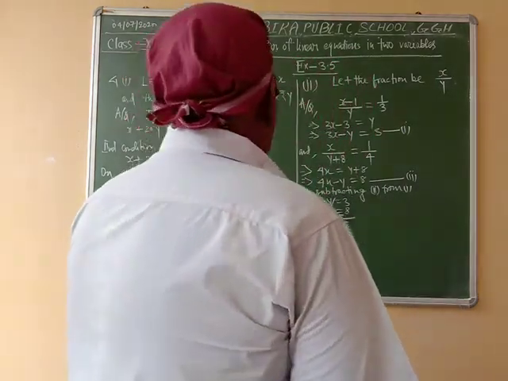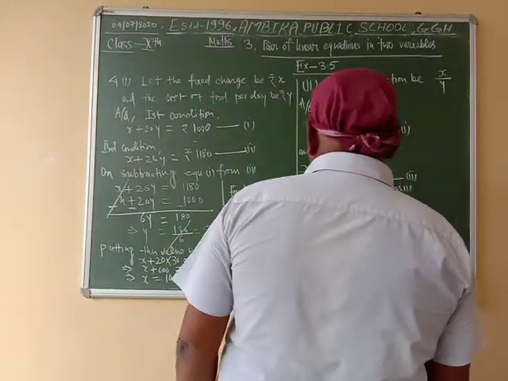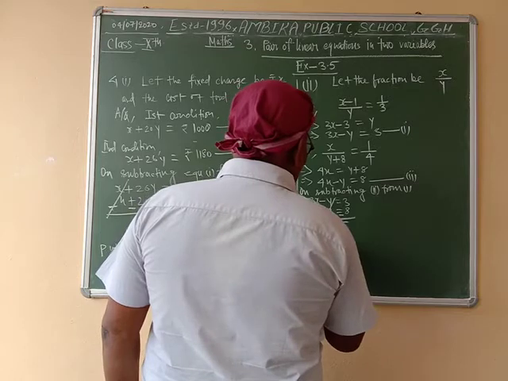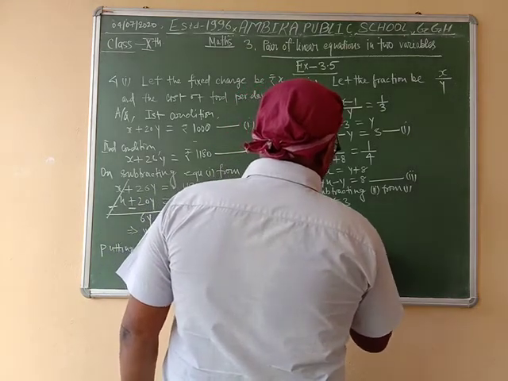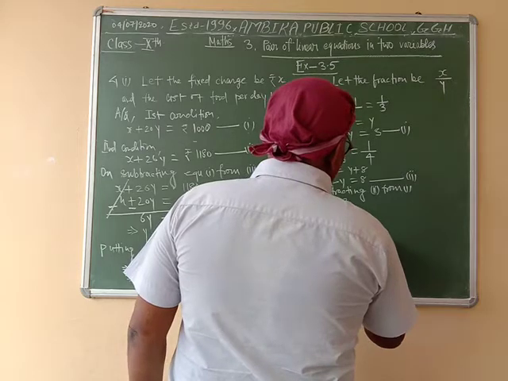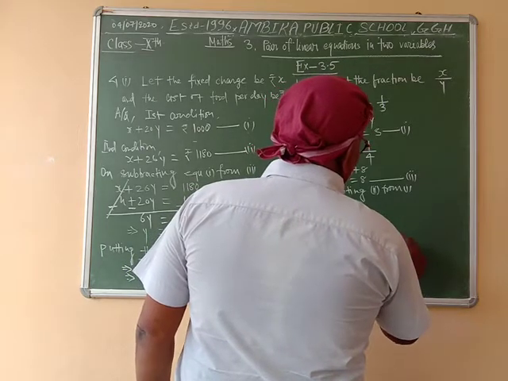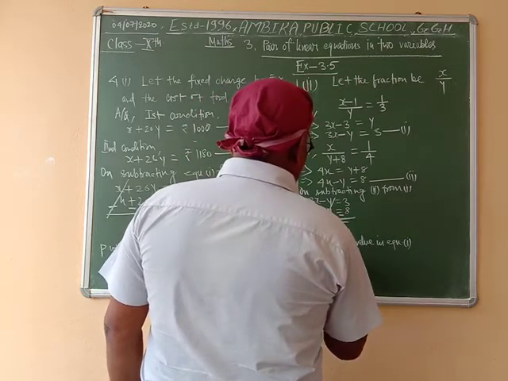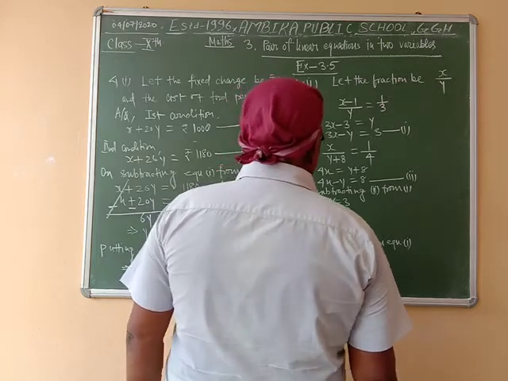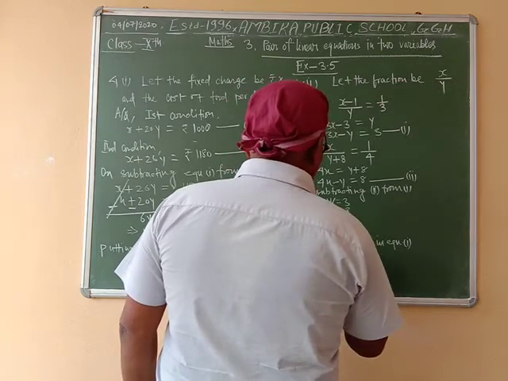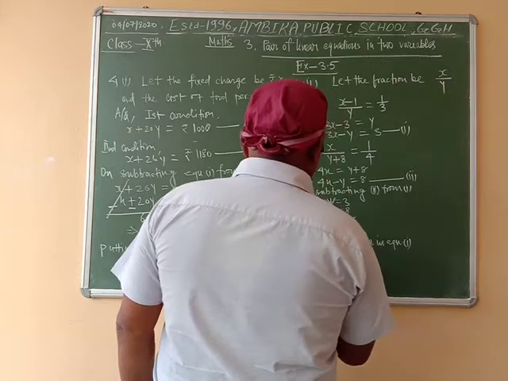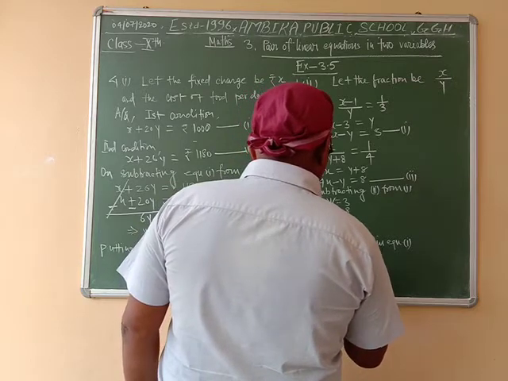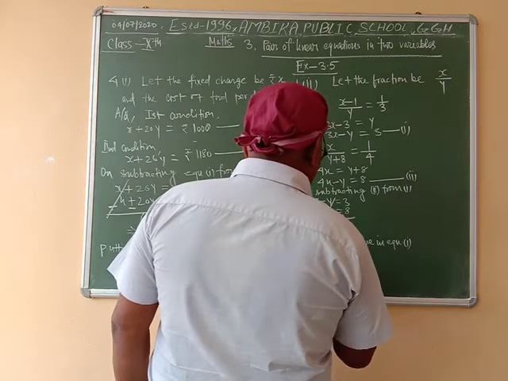On putting this value in equation 1 or 2, in equation 1 we have 3x, 3 into 5, minus y is equal to 3. 15 minus 3 is equal to y, so y is equal to 12.